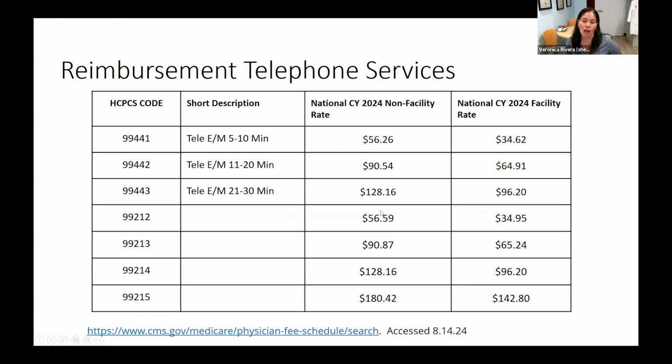And then with the video, a 99213 ranges from $90 up to a 99215 at $180. So there is a higher reimbursement for video visits versus audio only, but at least we do have access to these reimbursements at this time.